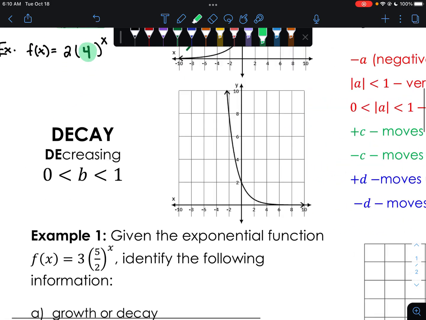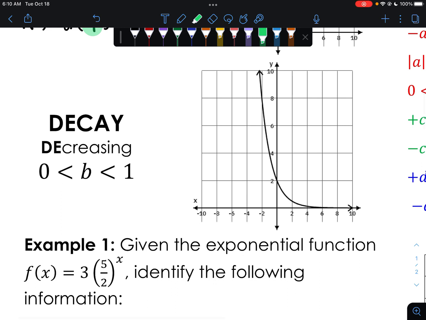If we look at our second one, this is decay. Decay means our graph is decreasing from left to right, which means it's going down from left to right. Okay, decay is decreasing. In an equation, our b value has to be between 0 and 1.